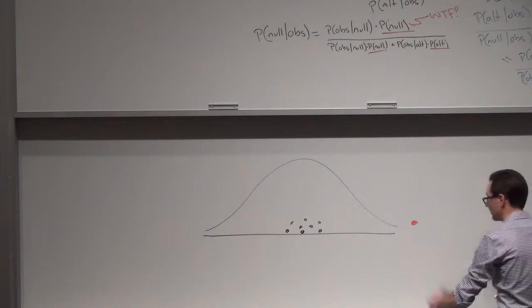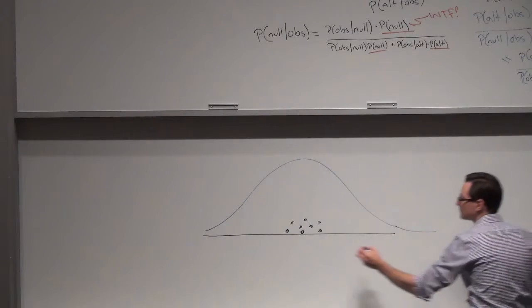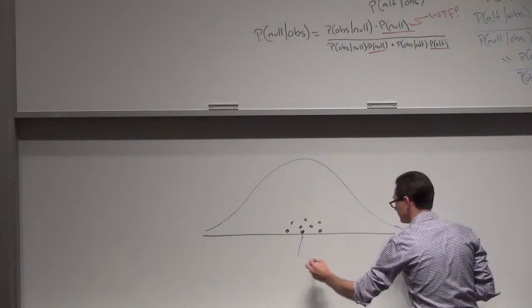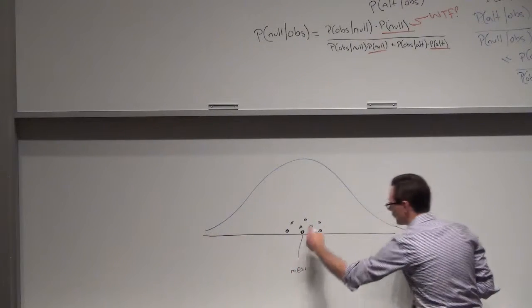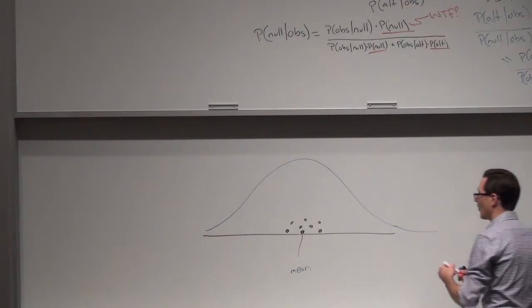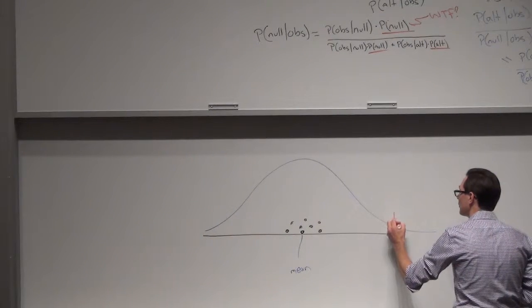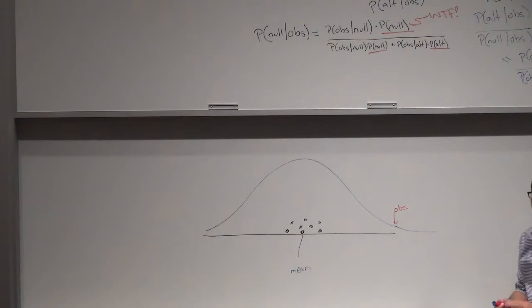So let me draw this out a little further. So we have some mean lifespan of unperturbed animals. We have our observed lifespan of these perturbed animals.